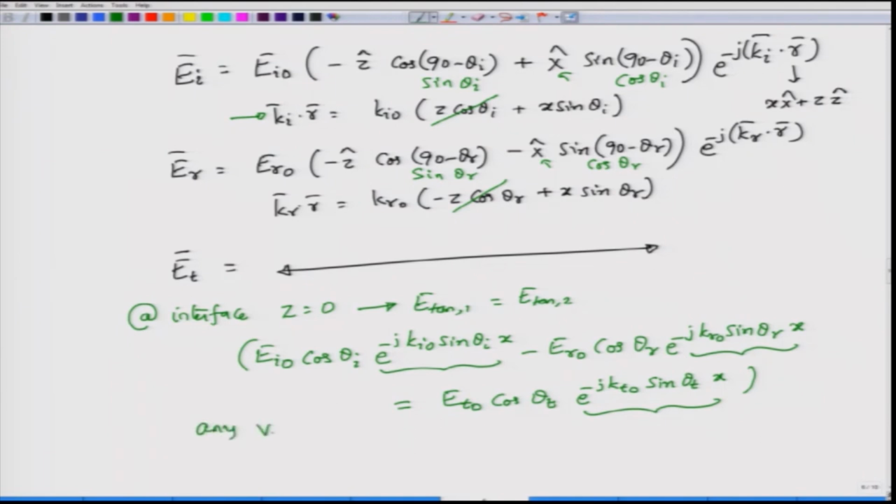For this condition to be satisfied for any value of x, the only way it is possible is that we satisfy the phase condition, that is k I 0 sin theta I equals k r 0 sin theta r, which is equal to k t 0 sin theta t. Very interestingly, k I 0 magnitude will be equal to k r 0 magnitude.